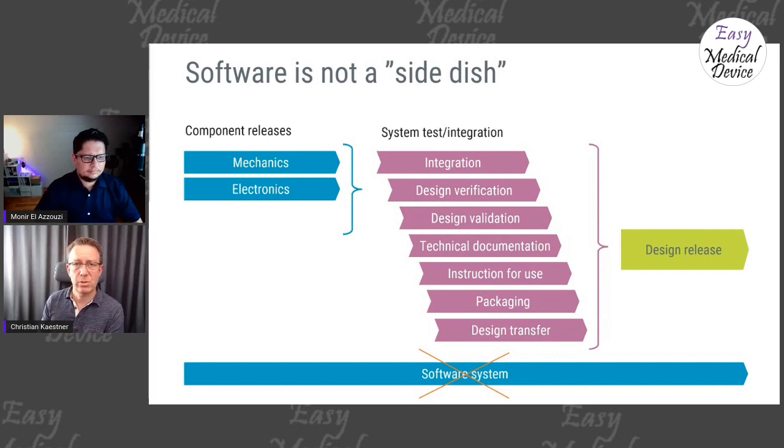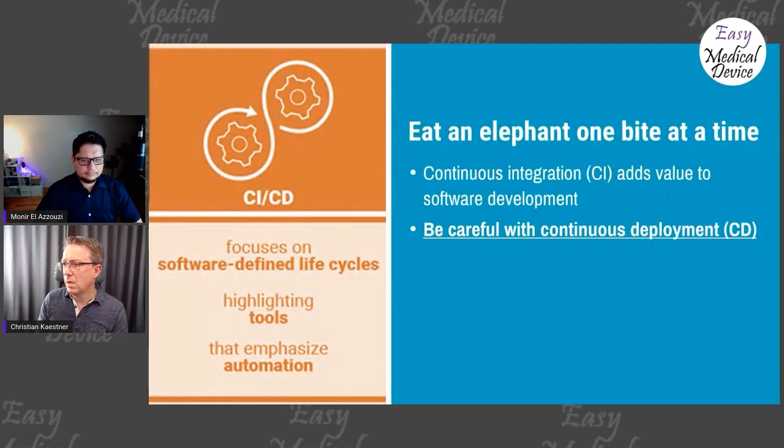You need to take those things into account when you want to deliver your software. So try to keep in mind that software release and design release are two different things. That's why I emphasize: be careful with continuous deployment.